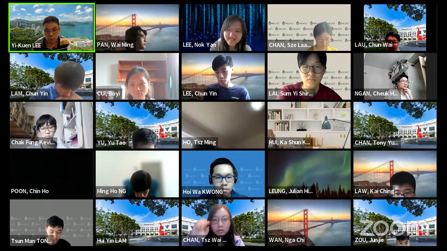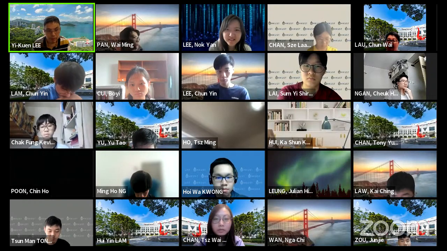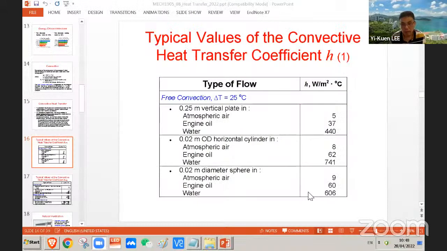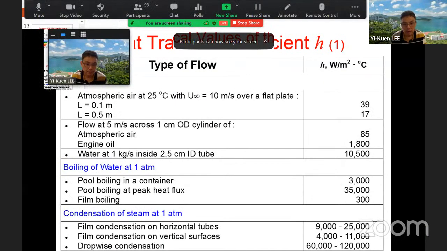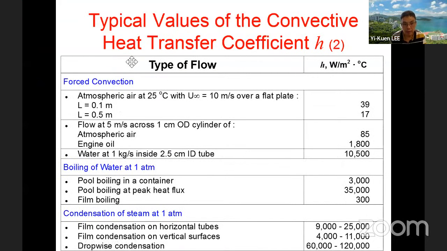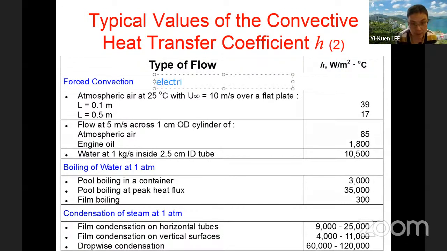We have this kind of heat convection. If you only have typical single phase flow, maybe airflow, for example, a pure electric fan, okay, that's right, electric fan.